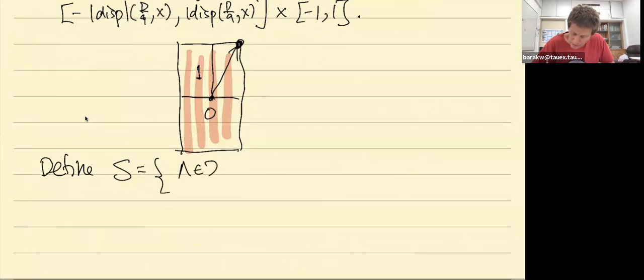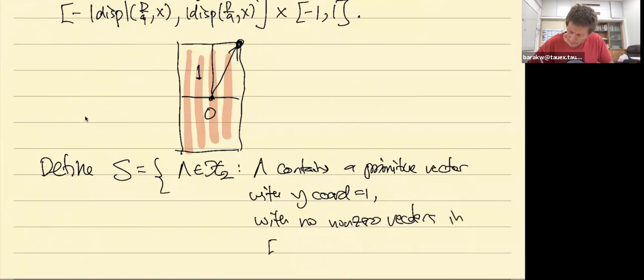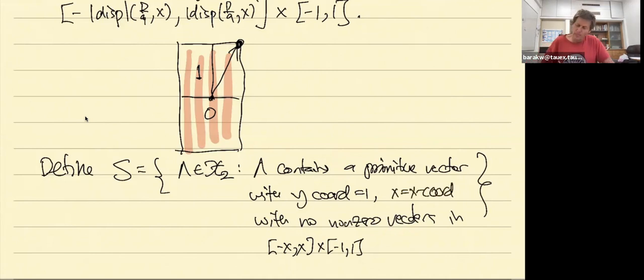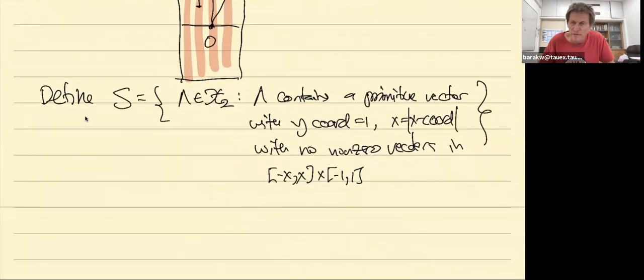So lambda in the space of two-dimensional lattices such that lambda contains a primitive vector with y coordinate equal to 1 with no non-zero vectors in minus x to x, that's 1, where x is the x coordinate of the vector. So that's a certain subset of the space of lattices.